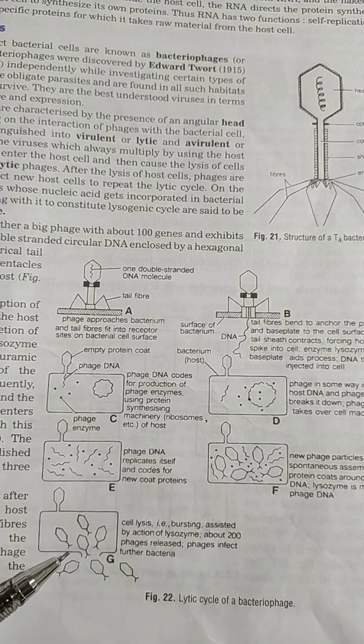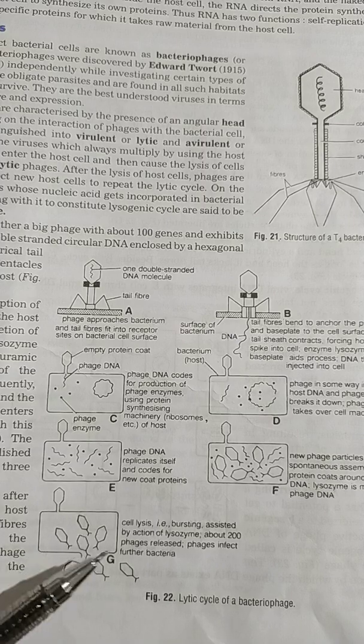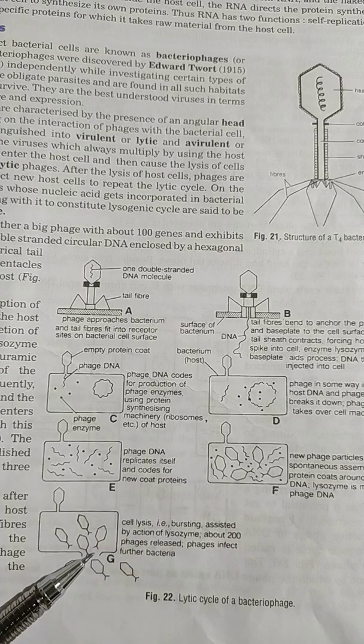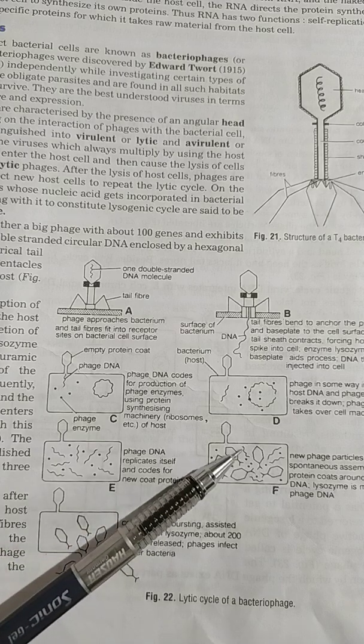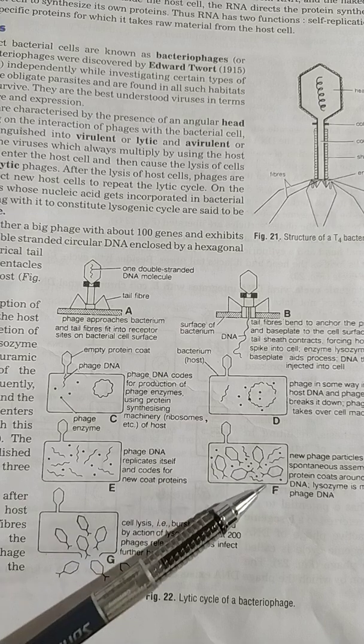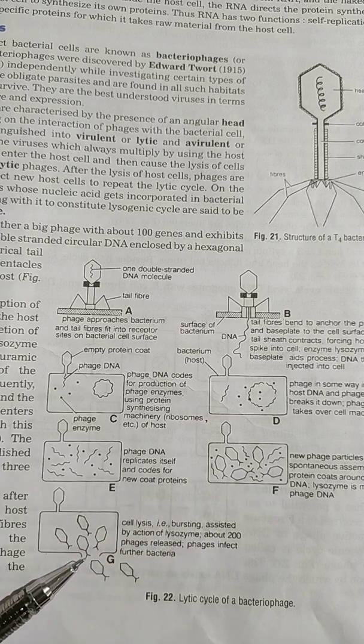After the nucleic acids and capsomere proteins are formed, the process of assembly of new phage particles starts. So the new phage particles are being assembled together. This is controlled by the viral genome. So finally the viral DNA begins to control the making of the new phage particles.